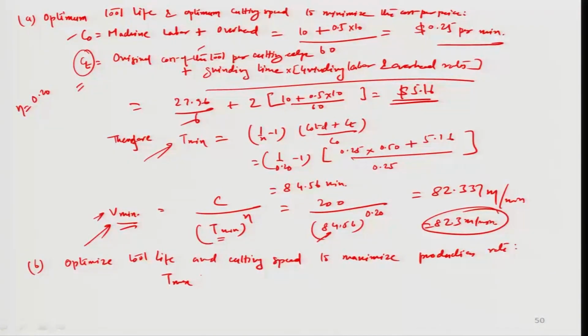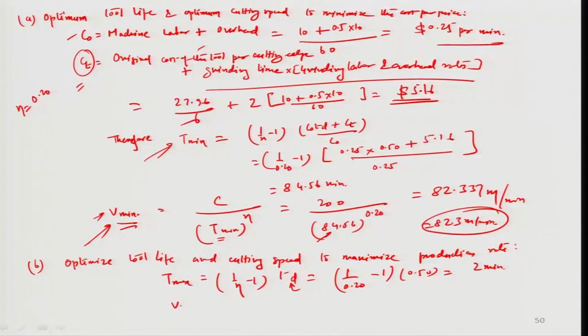Here obviously T max could be obtained as 1 by n minus 1 times TD. Refer back to the derivation that has been just made in the earlier module, and similarly this can again be written as 0.20 inverse minus 1 times 0.50, the TD value, and that becomes equal to 2 minutes.